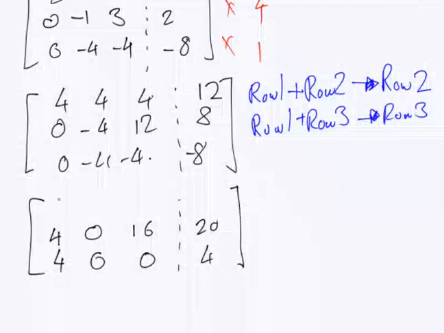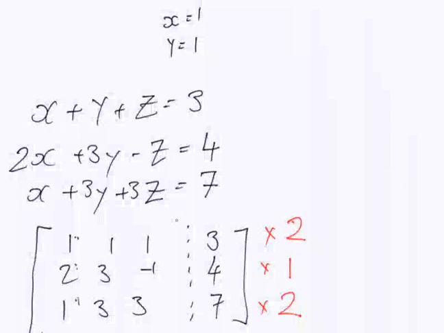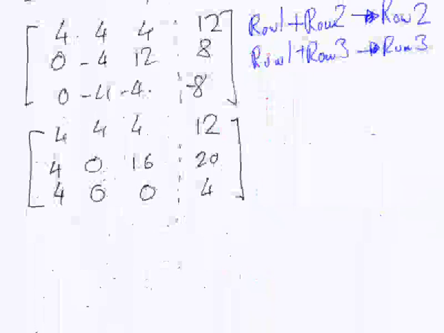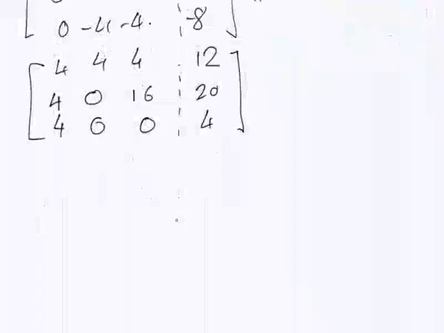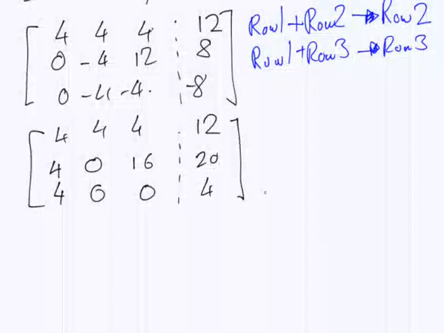So 78 minus 0, 78. 117 minus 117, 0. 195 minus 117 is 78. And then row 2? Same. 0, 117, and 117. And finally, I'll divide this by 78, and I'll divide this one by 117.